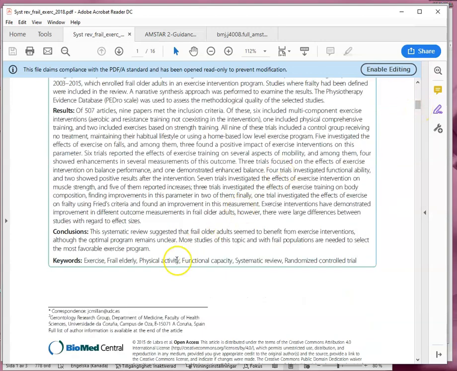Maybe it's the conclusion also. The systematic review suggested that frail older adults seem to benefit from exercise interventions, but it remains a bit unclear what the optimal program is. More studies are needed. Yeah, that's the most common conclusion of every study. But there's no level of evidence.